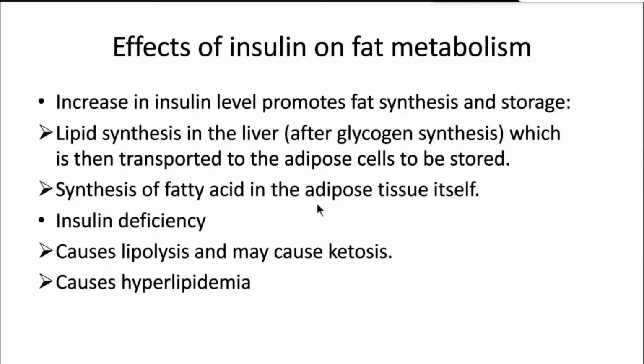Synthesis of fatty acid in the adipose tissue itself: to some extent, adipose tissue can also synthesize fatty acid when there is an increase in blood glucose level, for example after a meal. And lipolysis in the adipose tissues will also be inhibited, decreased.